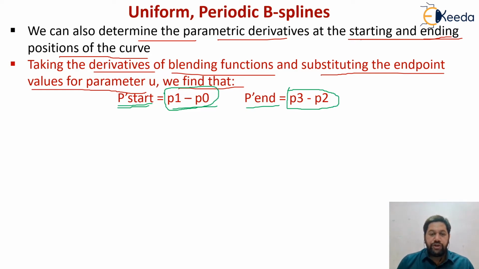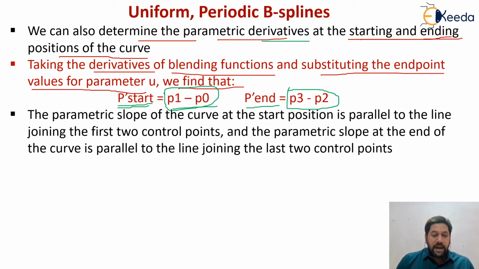I want to consider both derivatives of the blending function. So we can also determine the parametric derivatives at the starting and ending position of the curve. I want to change my blending function at the starting point and my derivative at the ending point of the curve.